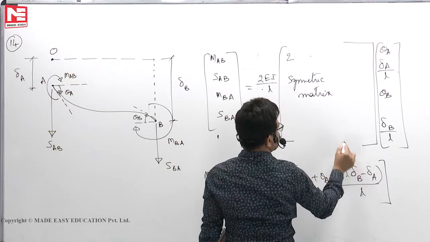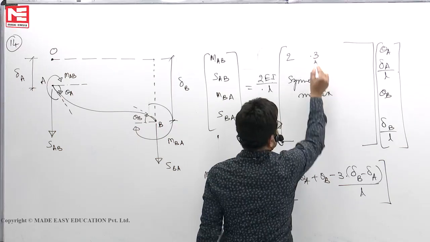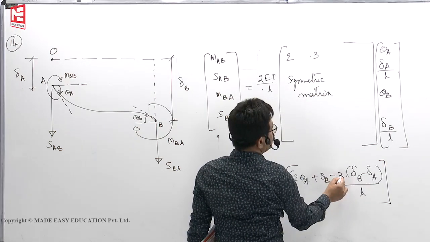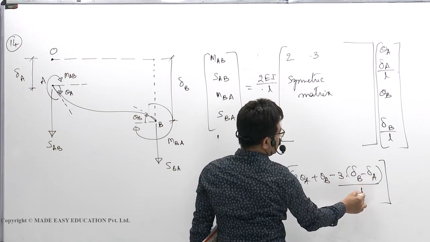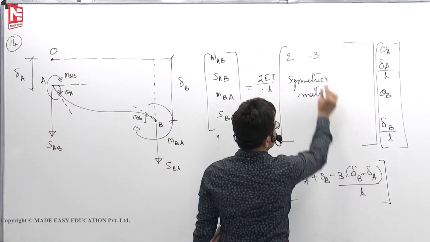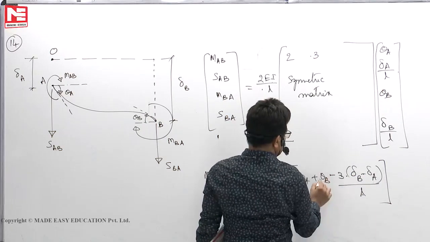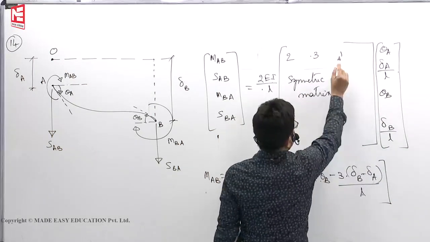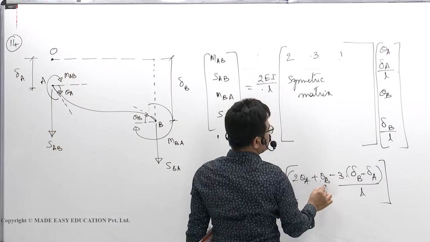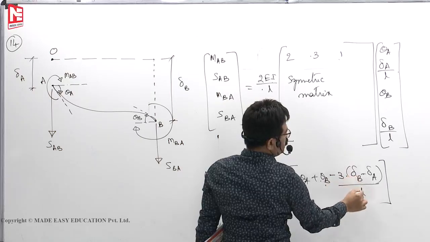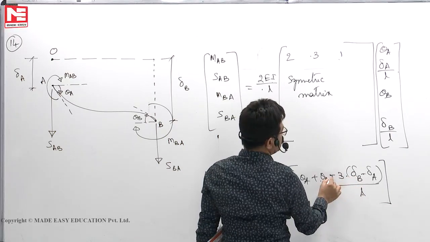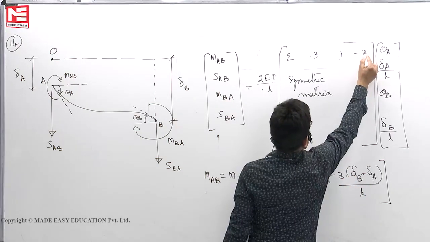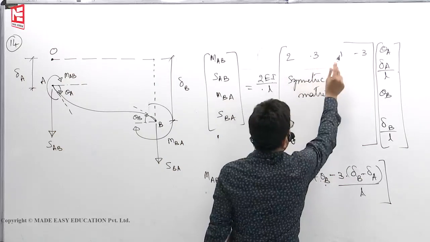Delta A by L means 3 should be there. 3 into delta A by L. Minus into minus plus. So 3 tallied. Next theta B. 1 should be there. Multiplication means like this. 1 into theta B. Next delta B by L. It should be minus. So minus 3. So 2, 3, 1, minus 3.